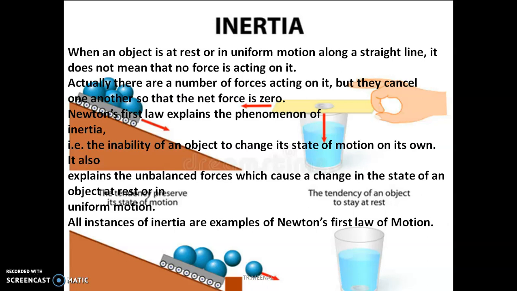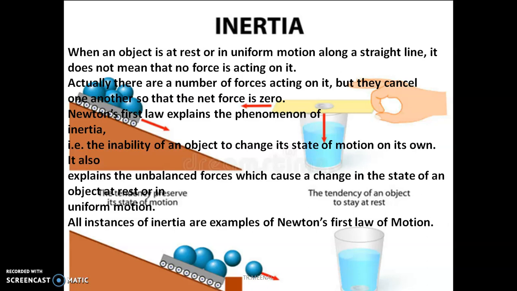So Newton's first law explains the phenomenon of inertia, that is, the inability of an object to change its state of motion on its own. It also explains the unbalanced forces which cause a change in the state of an object at rest or in uniform motion.